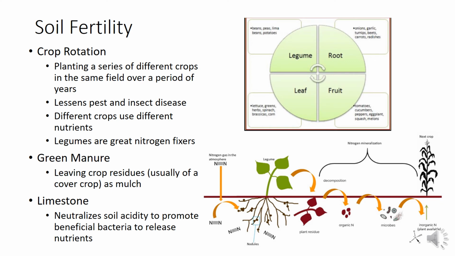So soil fertility is another important part of sustainable agriculture. I talked about crop rotation, so I'm actually not going to go over it again, but basically, when you're rotating crops, different plants use different nutrients, so it'll keep the soil fertility up. There's something called green manure. Sounds gross, but it's actually just old plants.